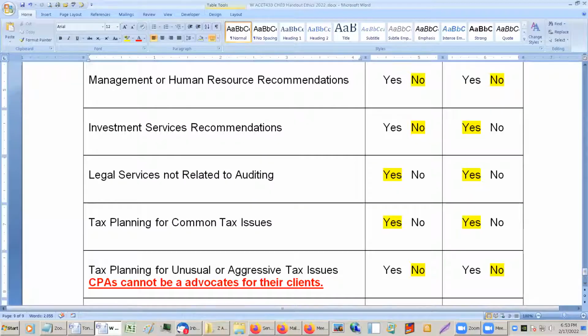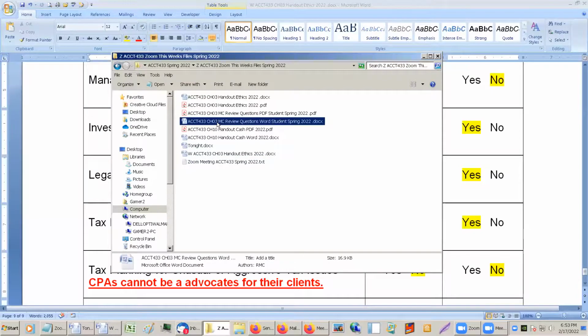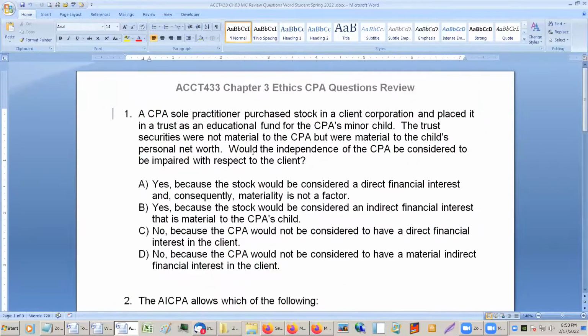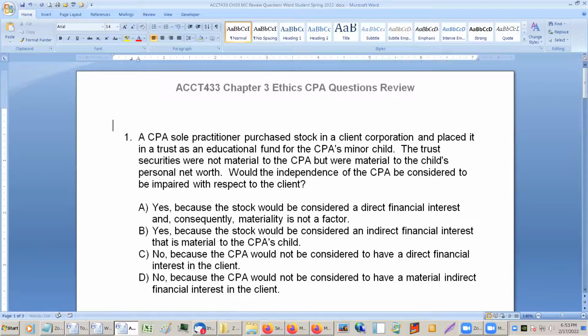Okay, so I'll tell you what, let's go ahead and take a break, and you can actually work on these through the break. So let's say be back at 7:10 maybe.